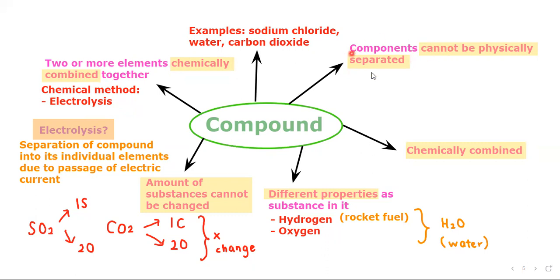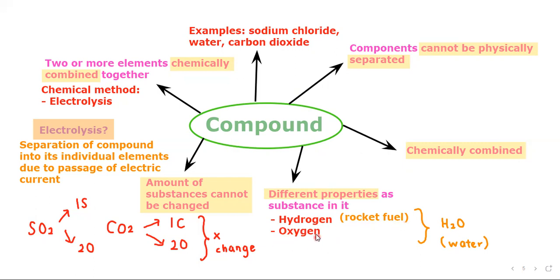Okay, so now the compound properties: a compound cannot be physically separated as I mentioned just now. They are chemically combined, of course. So what are the different properties from the substances in it? What is meant by this? Let's say you are going to make a compound, right? So you are using hydrogen atoms and oxygen atoms. Originally, hydrogen atoms have their own properties, used as rocket fuel.